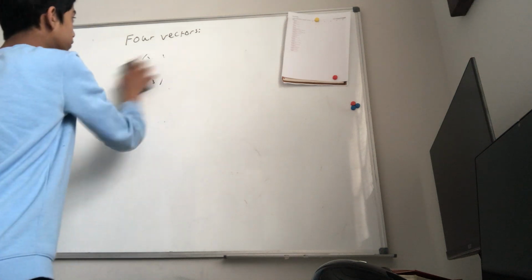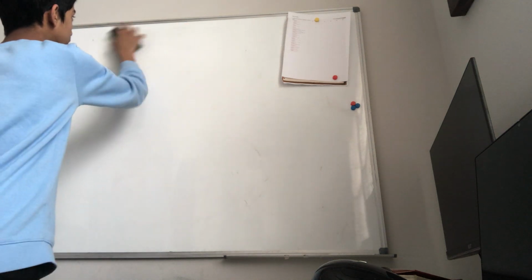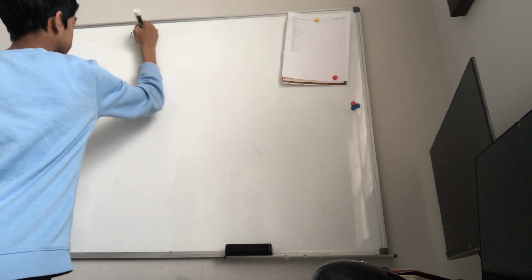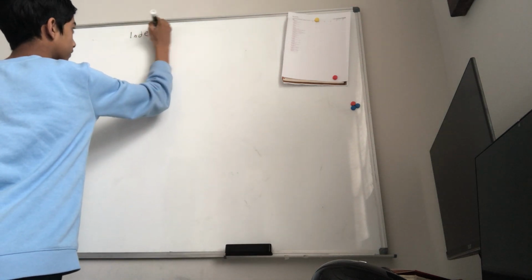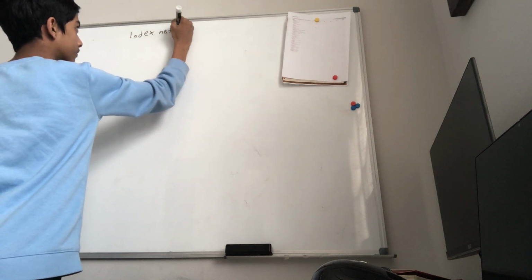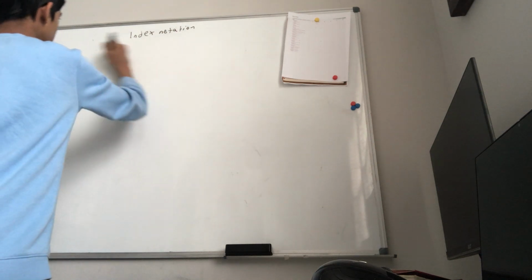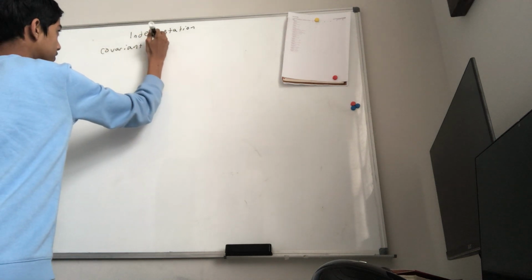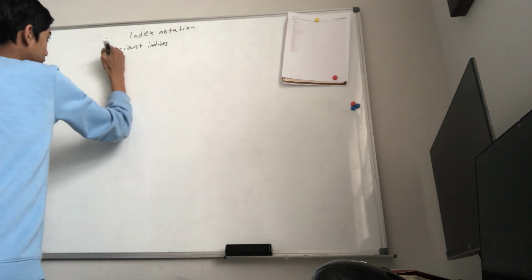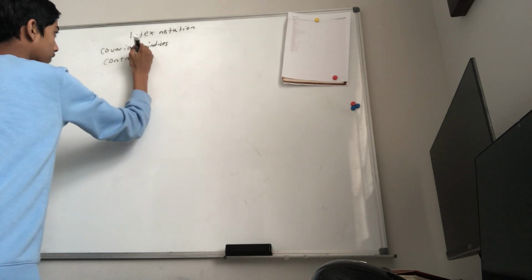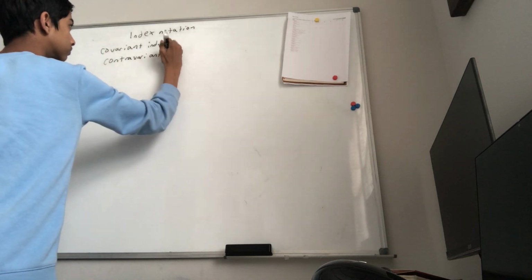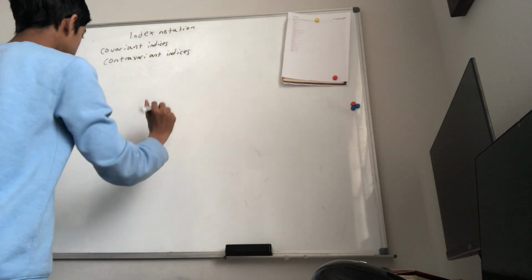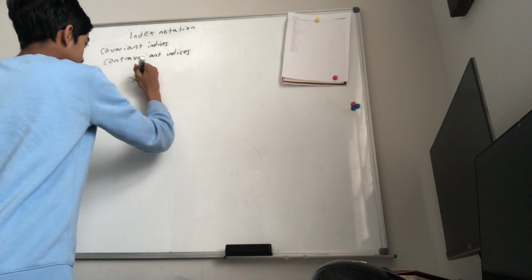So we're going to go into index notation, and we're going to talk about covariant and contravariant indices. Covariant indices are usually denoted by x mu.